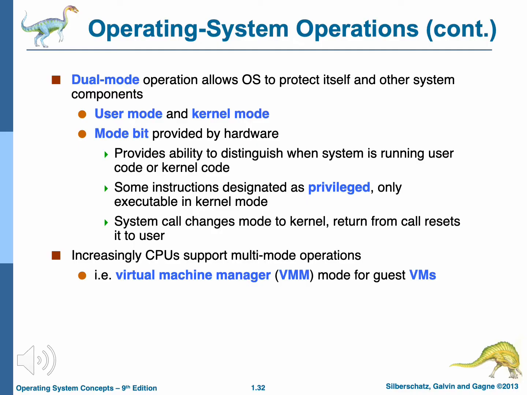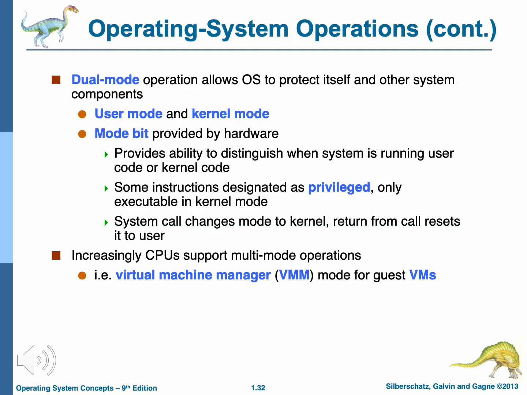When the computer system is executing on behalf of a user application, the system is in user mode. However, when a user application requests a service from the operating system via a system call, the system must transition from user to kernel mode to fulfill the request. As we shall see, this architectural enhancement is useful for many other aspects of system operation as well.